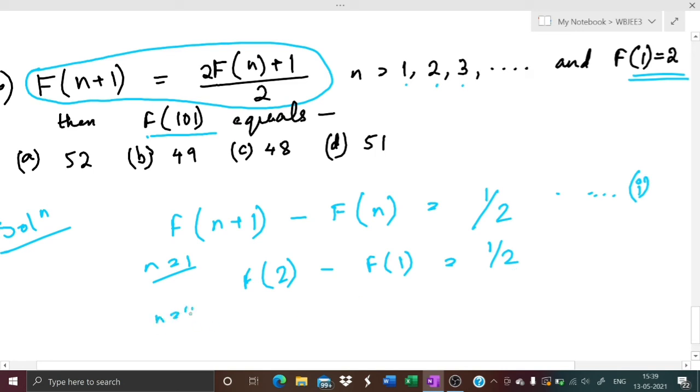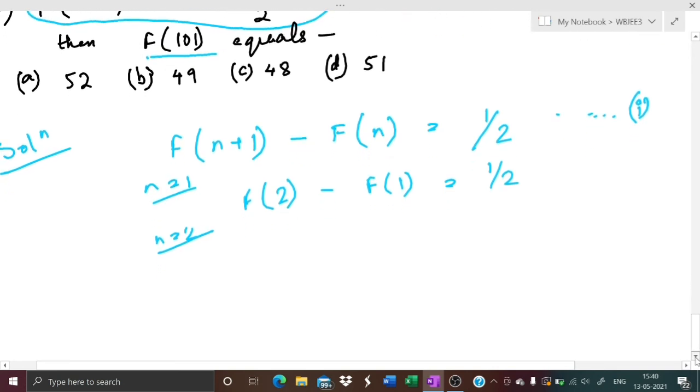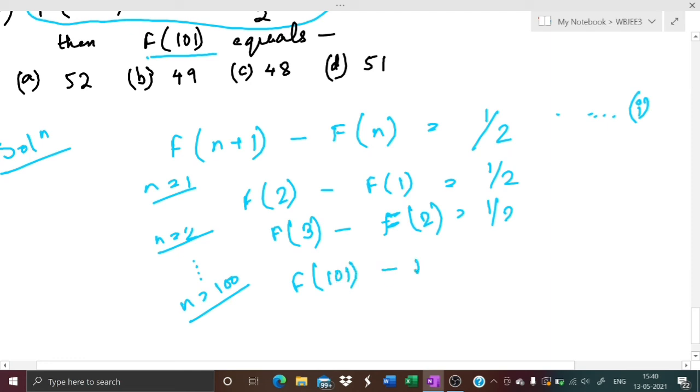If you put n equals 2, you will get f of 3 minus f of 2 equals half. And like this, if you keep on putting values, when you put n equals 100, you will get f of 101 minus f of 100 equals half.